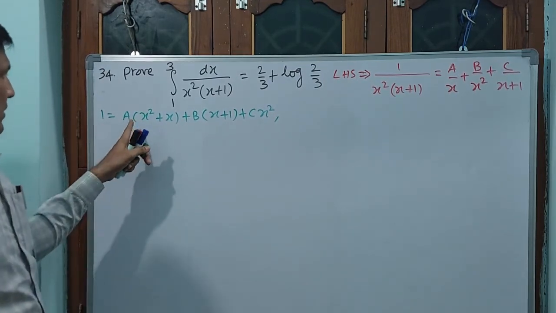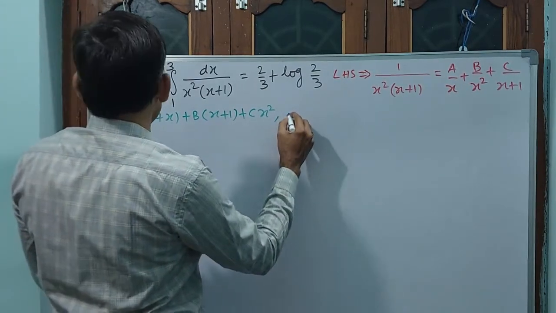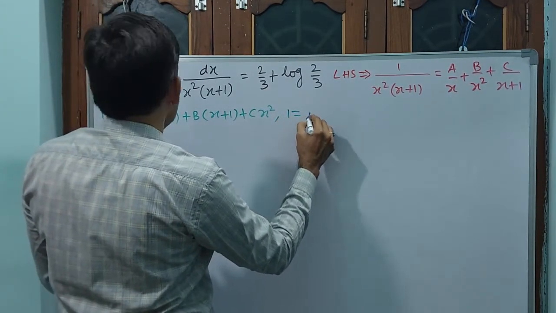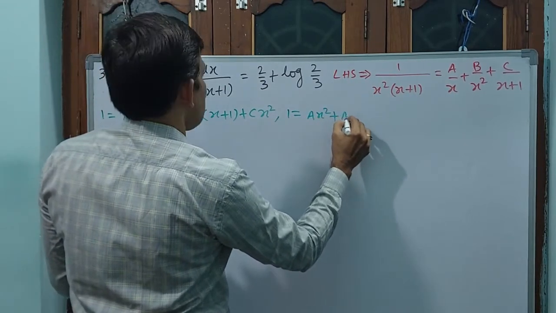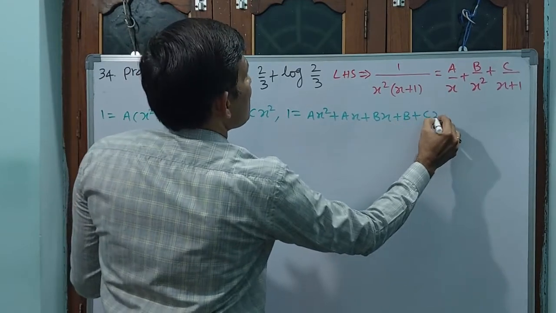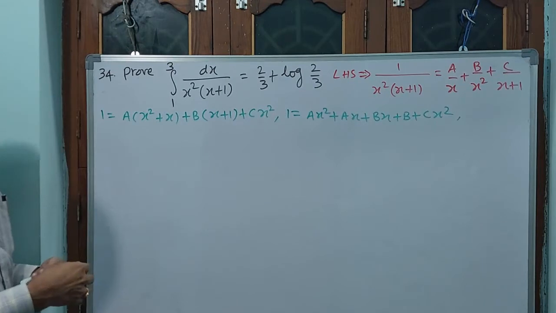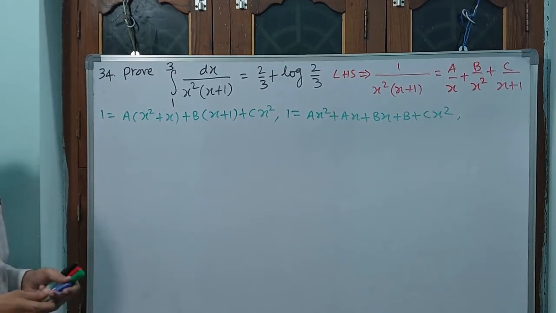Now you need, okay, let us expand this. You see what I am writing? 1 is equal to ax square plus ax plus bx plus b plus cx square. Okay, that will be your expansion. Okay.